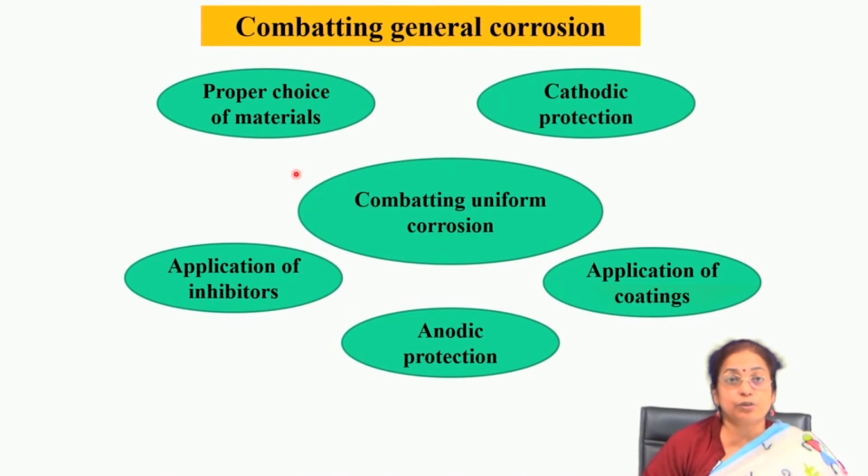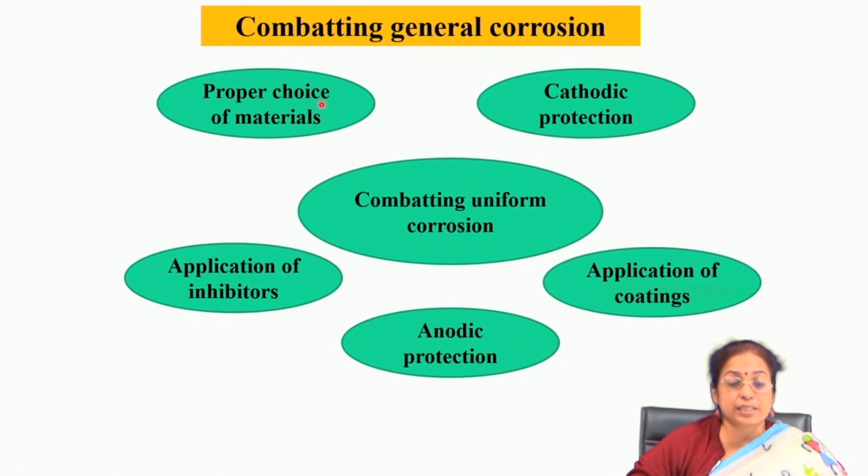Now, if you quickly go through the different ways by which you can combat uniform corrosion, they may be categorized into different types. First and foremost, in most cases, manufacturing engineers combat uniform corrosion by proper choice of materials. If you choose proper materials in the proper place, you will find that there will be no corrosion at all.